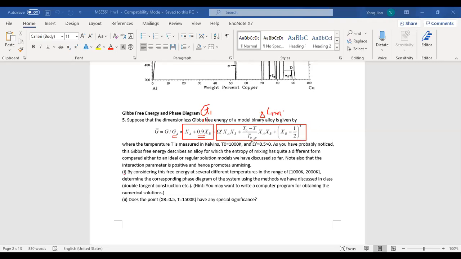And this part is the contribution from the mixing, as we already know. But is this the only contribution from the mixing, from the delta H mix?